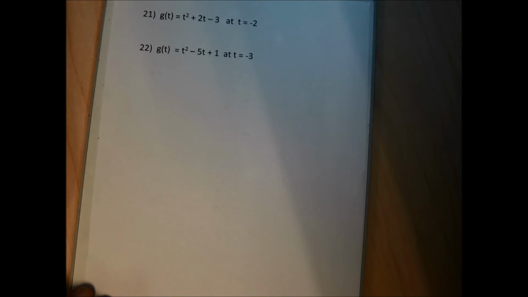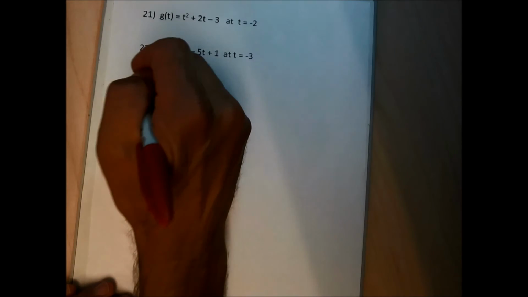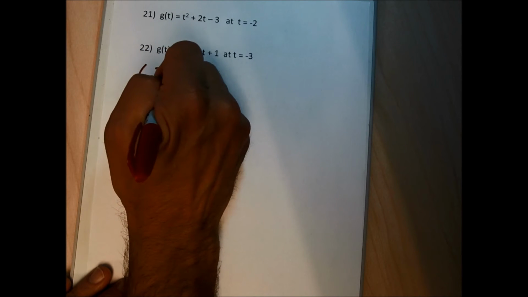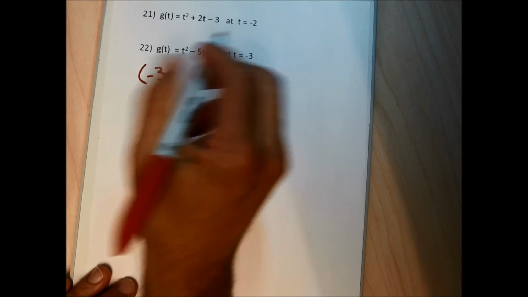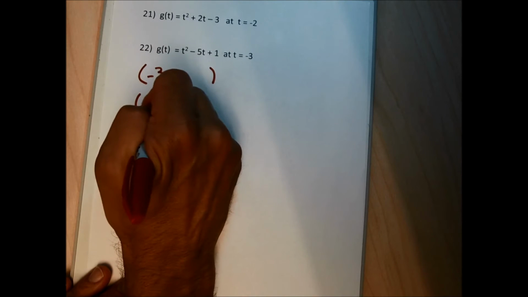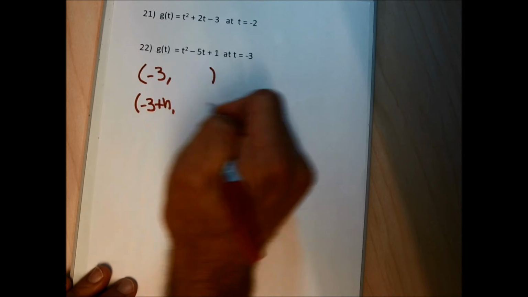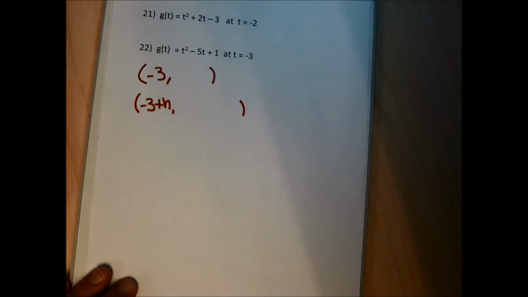So to find an instantaneous rate of change, I'm going to do problem 22. I need to create 2 points. One point's going to be the point -3 comma something. The other point's going to be -3 plus h comma something. And I'm going to make those 2 points arbitrarily close.